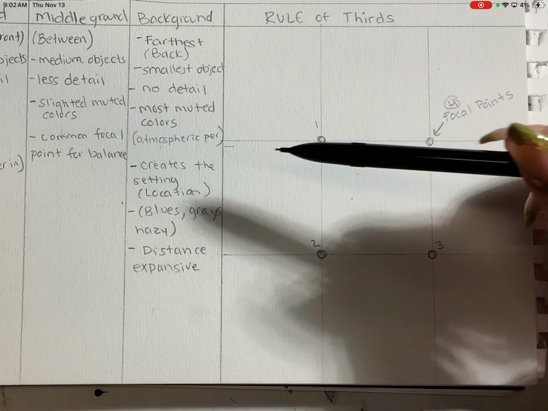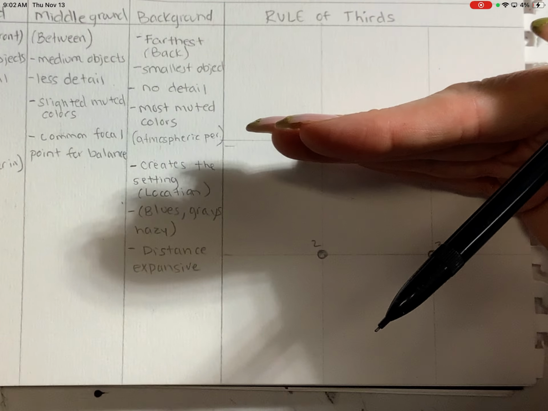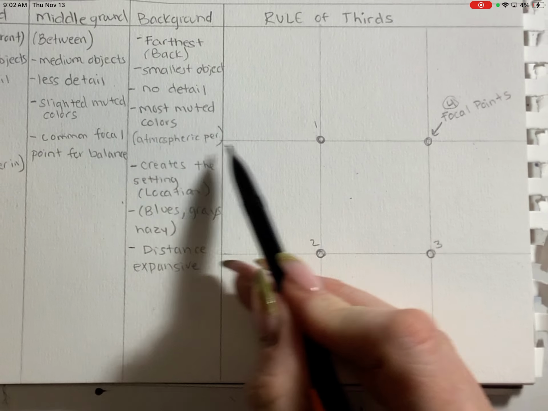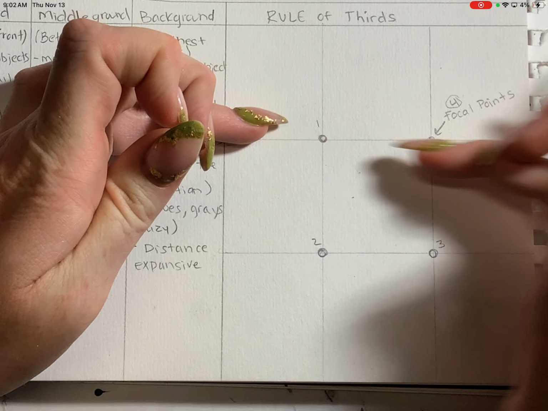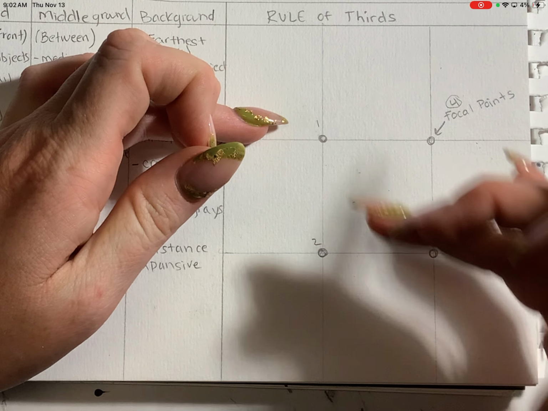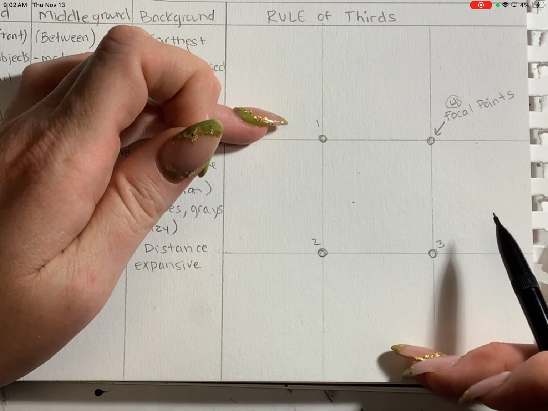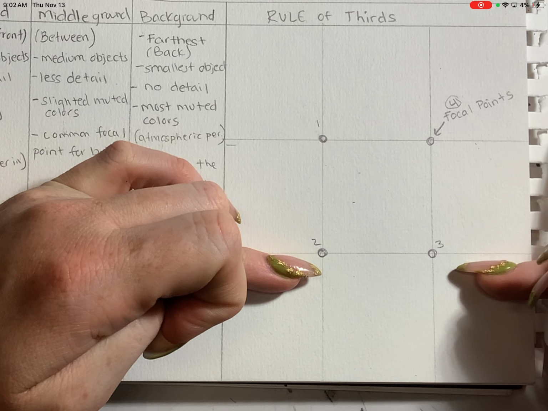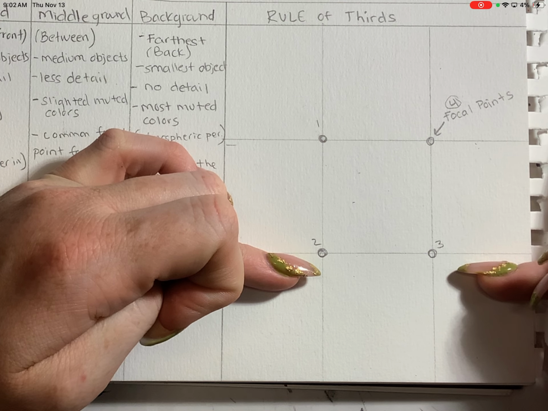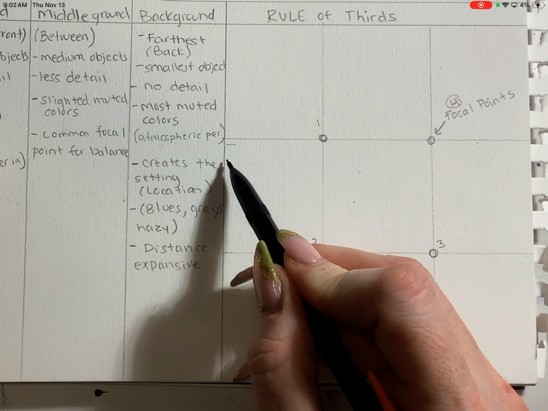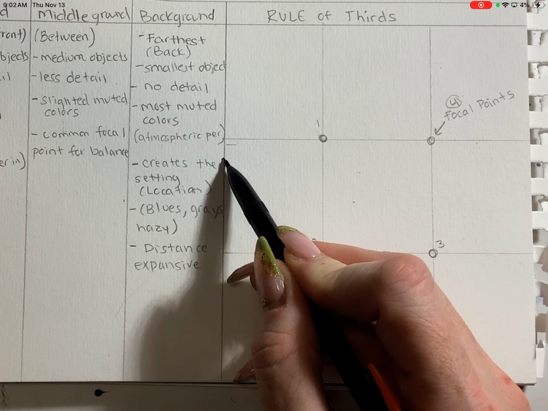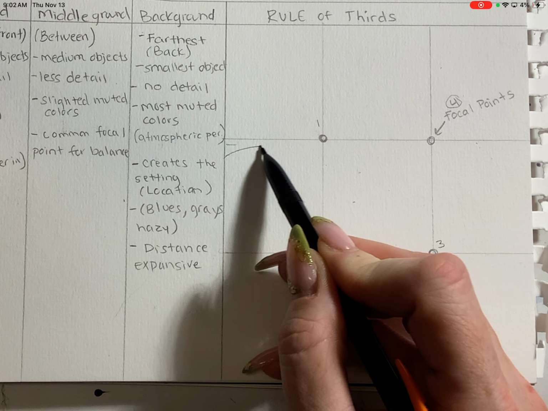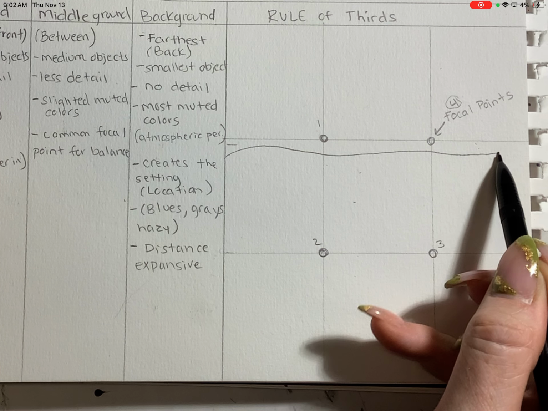If you draw your horizon line up, higher near this line, that means your focus is going to be on the lower half, or your foreground. If you want more of a sky to show, you would put your horizon line down here. Okay? So I want more of my foreground to show, so I'm going to draw my horizon line.